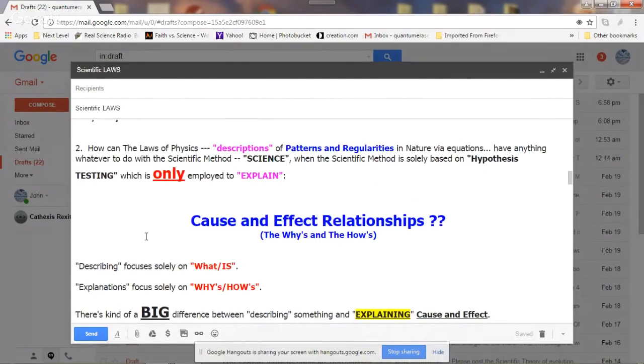So how can the laws of physics, descriptions of patterns and regularities in nature via equations, have anything whatsoever to do with the scientific method? When the scientific method is solely based on hypothesis testing, which is only employed to explain, not describe, cause and effect relationships, like I said, the hows and the whys.